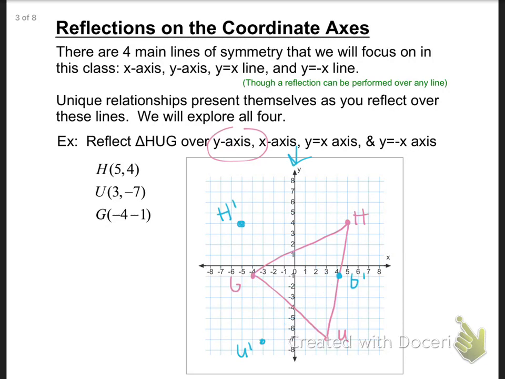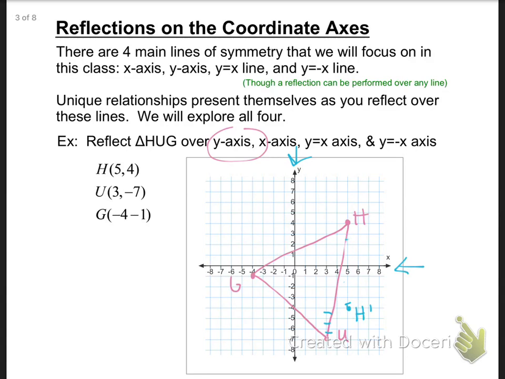Okay, now in your next graph, we're going to reflect it over the x. Okay, so here's my x-axis. So I'm 4 away, so I go 4 away. H prime.